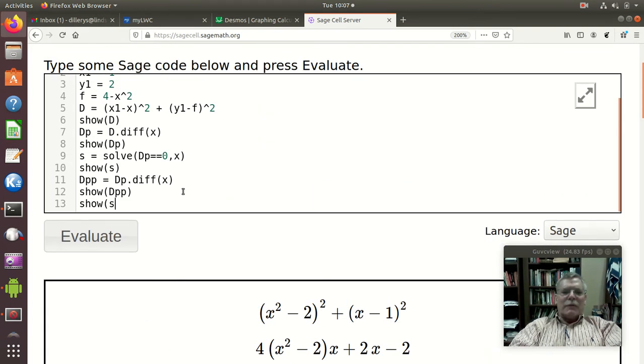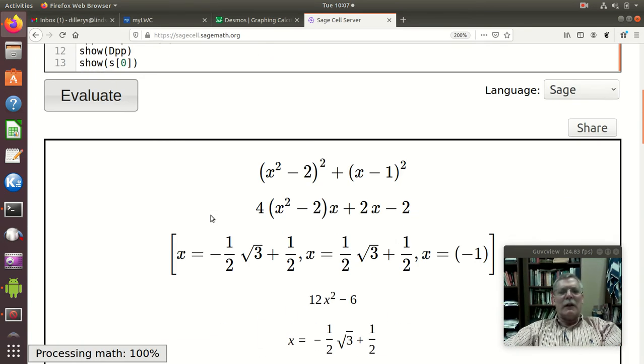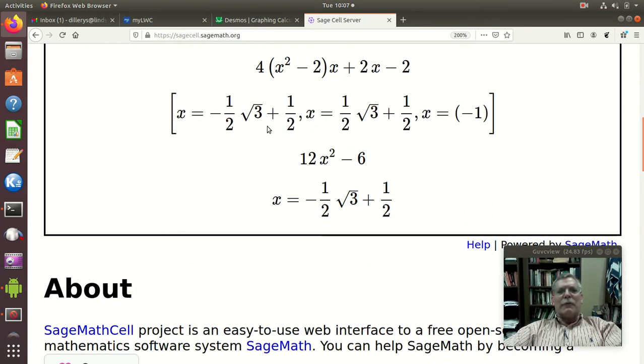So if I want the first one, I just use a bracket. Now you'd think I'd use a 1, but actually their numbering starts at 0. So the very first one is the 0. So if I do that, notice then when I evaluate, I should only get that first one. But now that's not quite what I want because it's x equals.